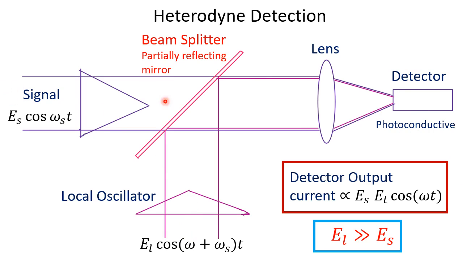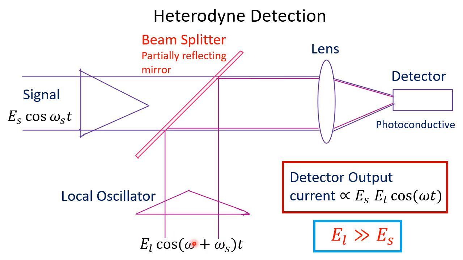I got a signal that is coming in, and typically the signal is weak, right? And to detect this weak signal, what I do is, this is the intensity of light that is coming in, my signal. I mix up this signal with another bright source of light.